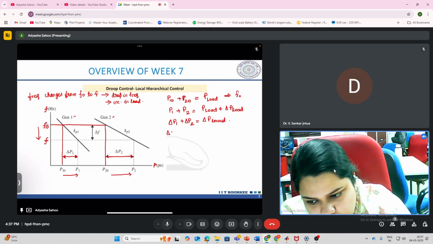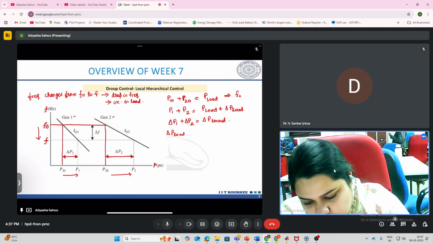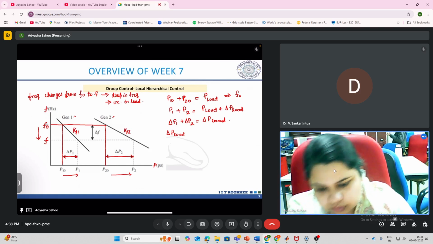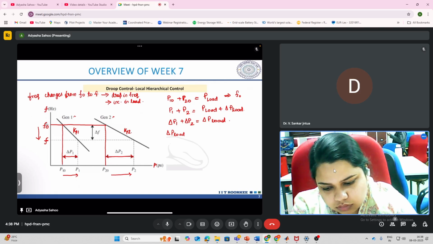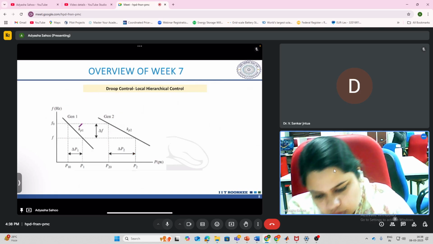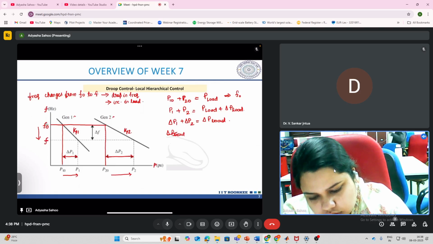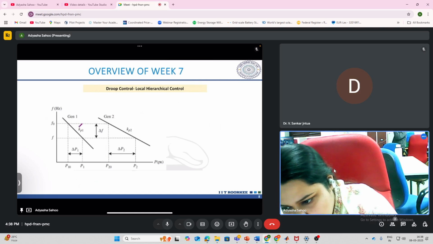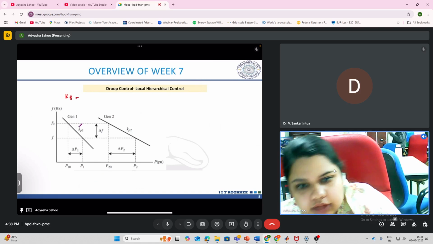So this we can write as delta P load. Now you see the slope of these lines are represented by these constants Kp1 and Kp2. So how can we represent this? Basically, Kp1 will be delta y upon delta x.